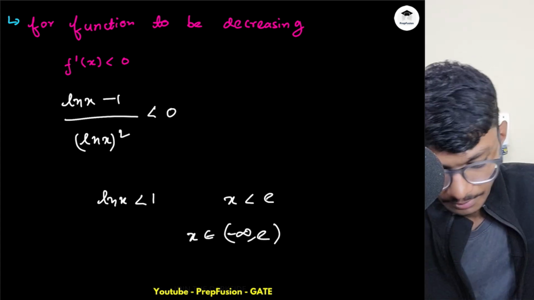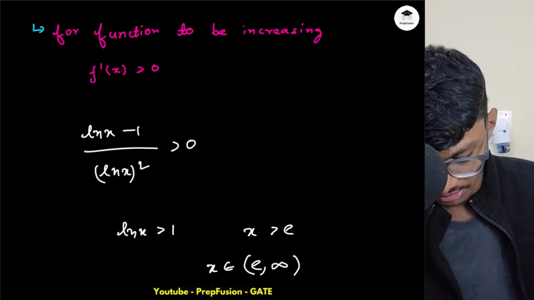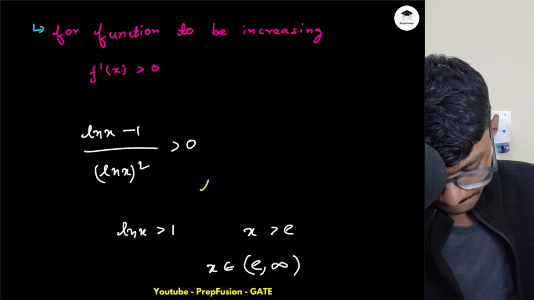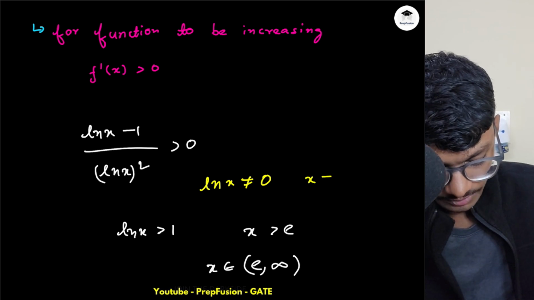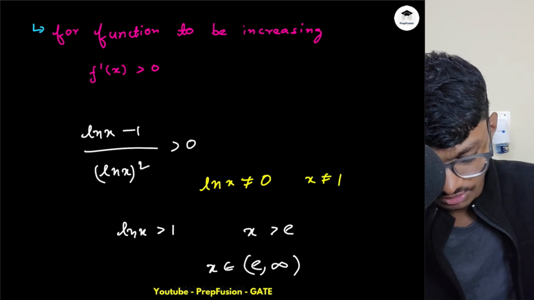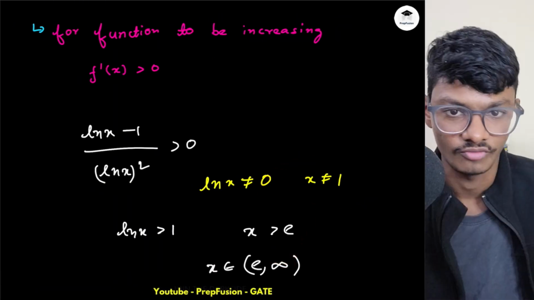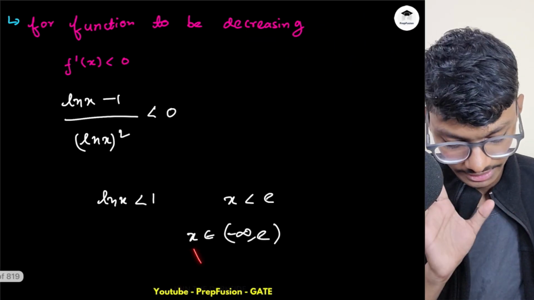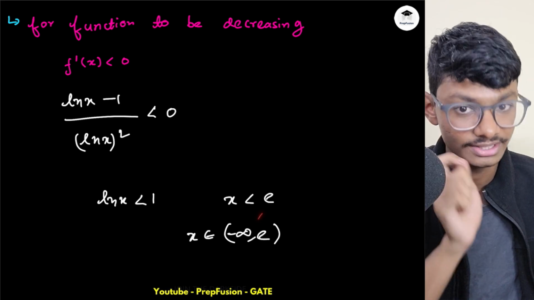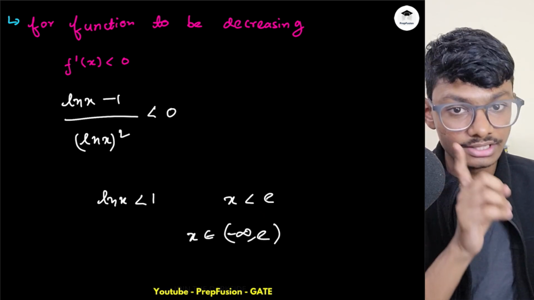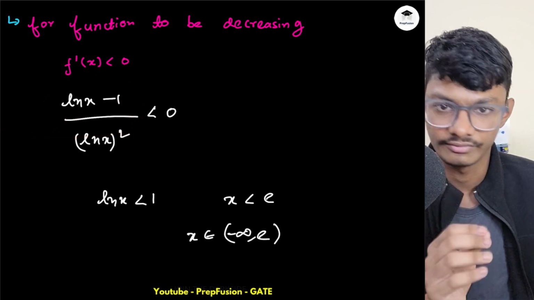Okay, but are you missing anything? I mentioned here also that whenever I'm doing this cross multiplication, I'm assuming that my ln x is not equal to 0. So obviously my x cannot be equal to 1, since ln of 1 is 0. Here also, because this was not lying in this range, obviously I could have simply ignored it, no worries. But here, as my x is less than e and greater than minus infinity, x equal to 1 is lying in this range, and I can't include x equals to 1 because at x equals to 1 the function, the derivative, is not defined.